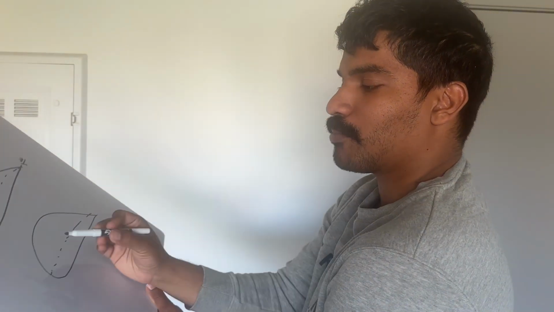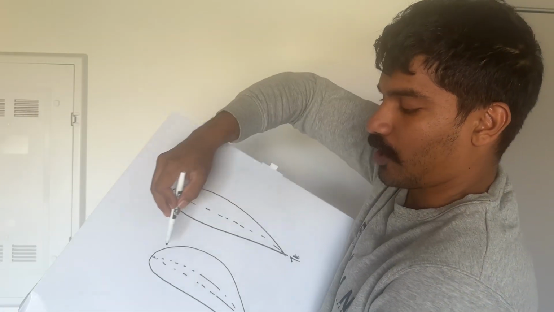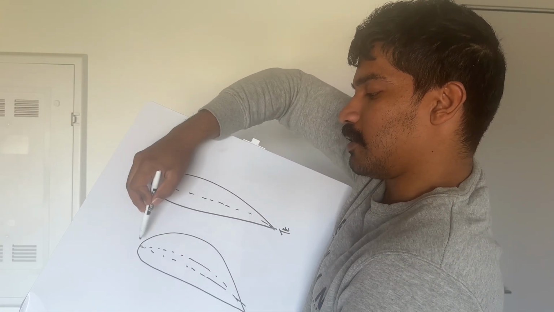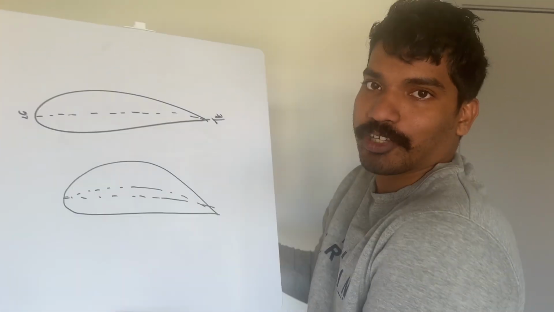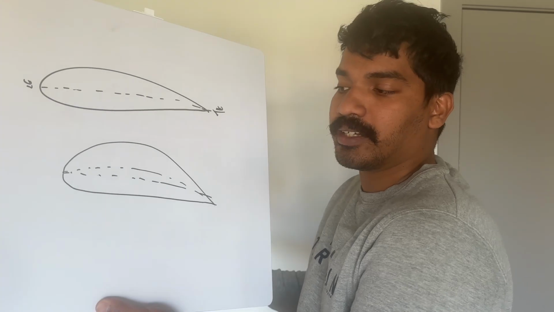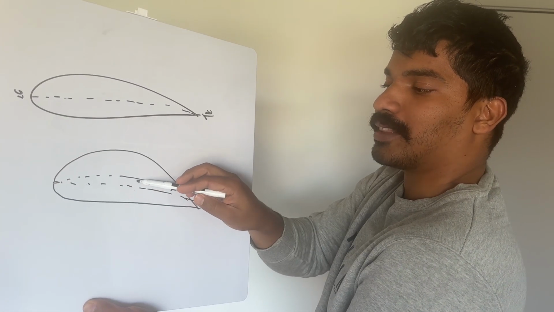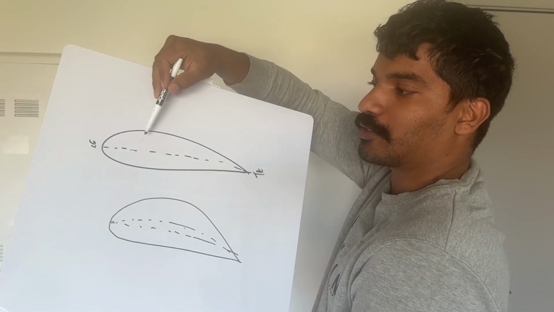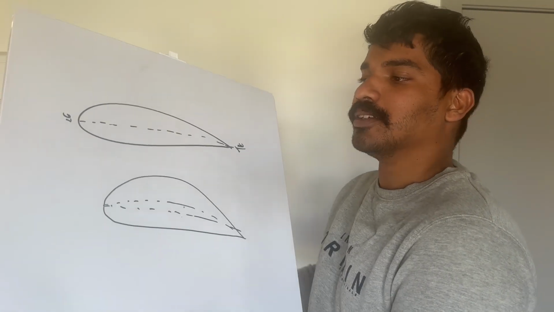The mean camber line would be something like this. If I cut this aerofoil into two equal halves over here, it will give me two identical halves, right? So there's a difference between the chord and the camber line in an asymmetrical aerofoil, but in case of a symmetric one, there is no difference between a chord and a camber line, right?